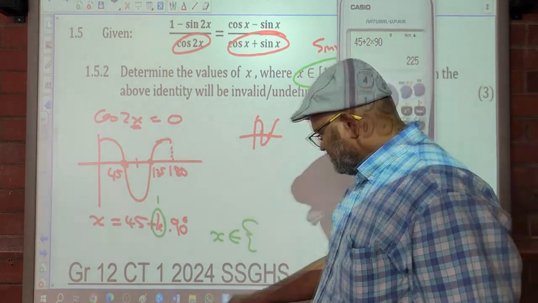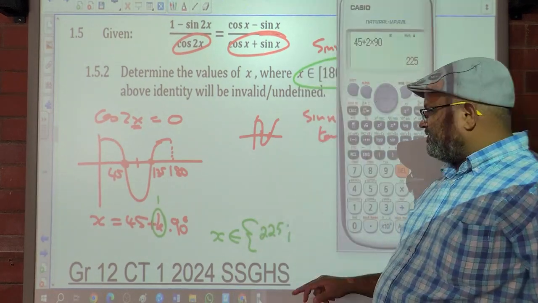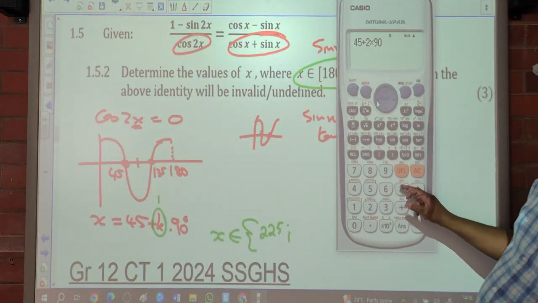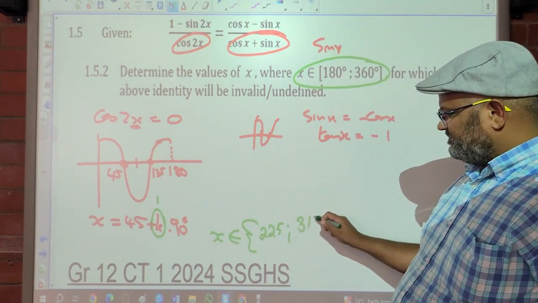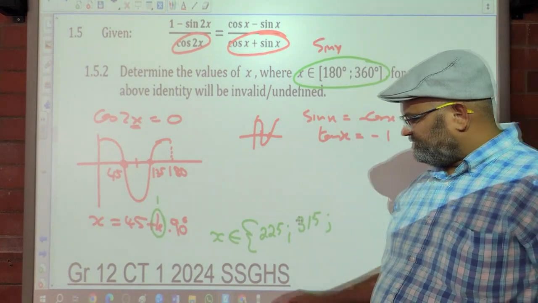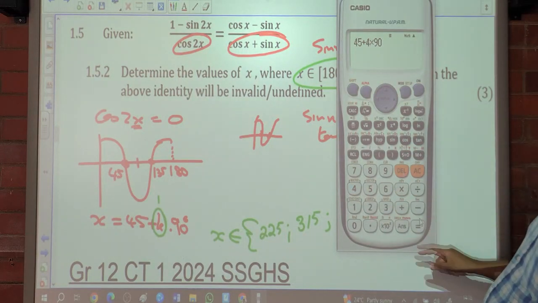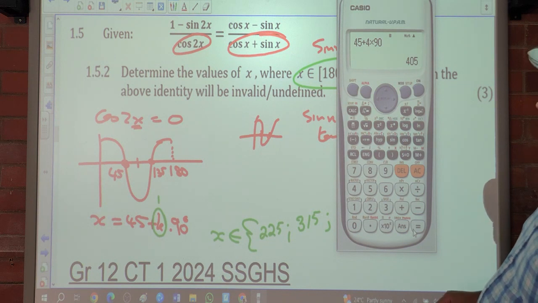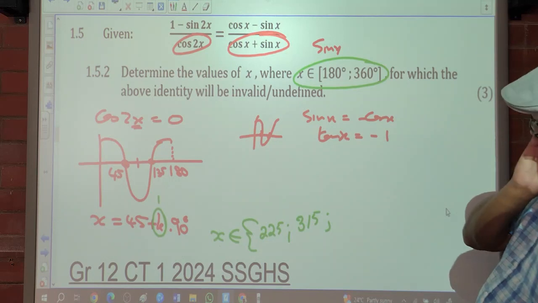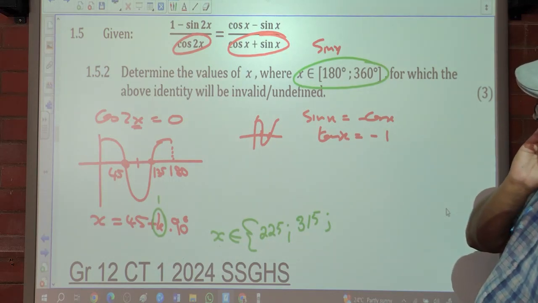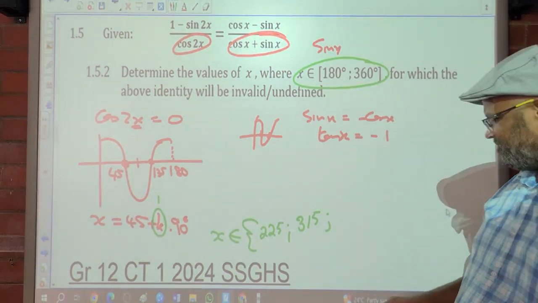Inside. So that's 225. Now I put 3 in. 315. Inside or outside? Inside. Add another 90, sorry, that's 405. Outside. 45 and 135 are also outside. So let's just put a line through them.